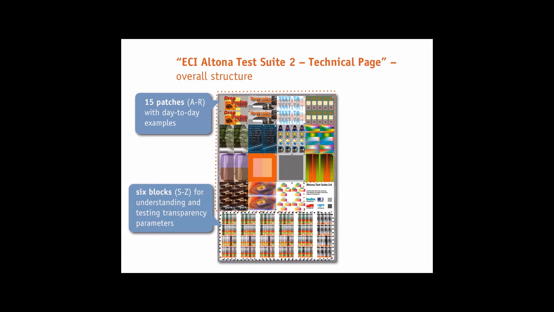Then we have at the bottom of the page a very systematic part of patches which are meant to serve for two things. One is to get a better understanding of how transparency works. We learned it in the last presentation already. So we have 16 blend modes, and each of the 16 blend modes has one of the parts here.